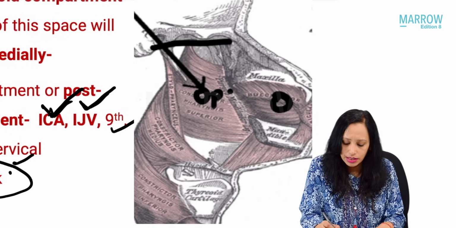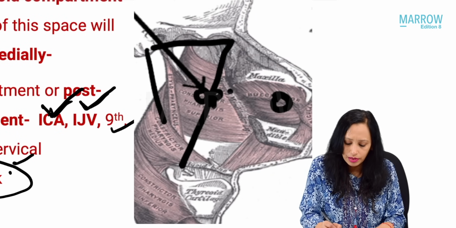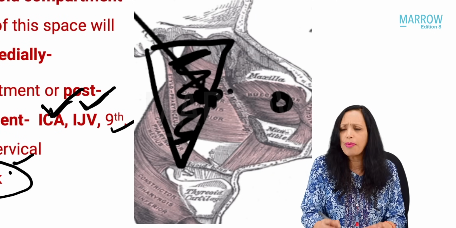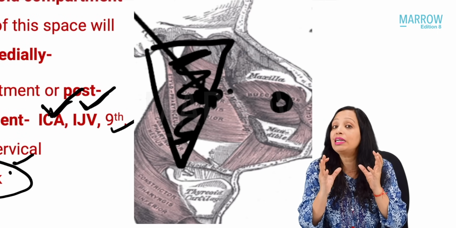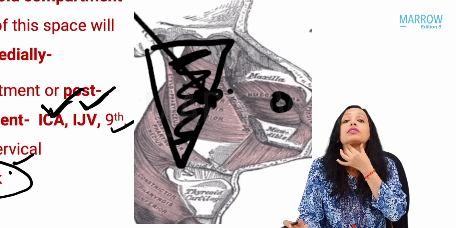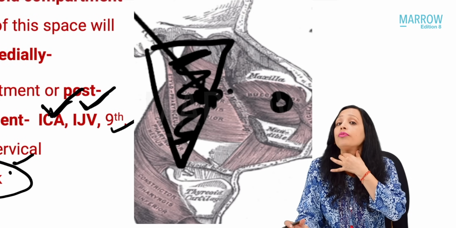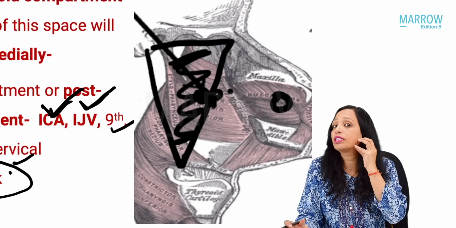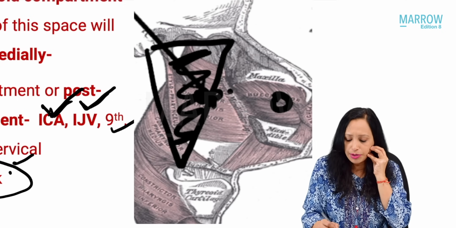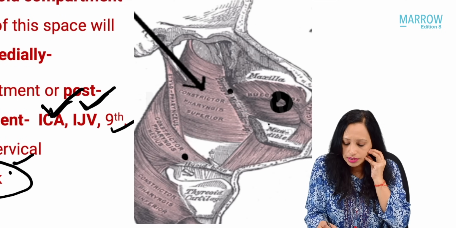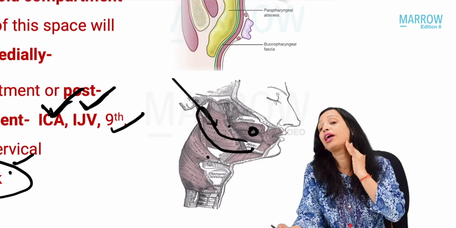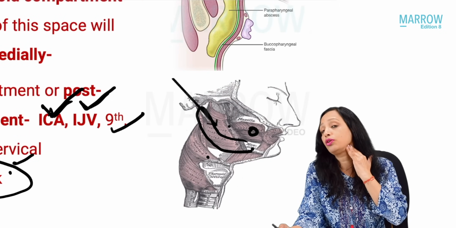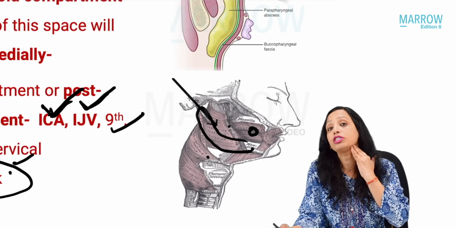So this here is the parapharyngeal space. It will first compactly fill the parapharyngeal space. Where is the parapharyngeal space? Here, this is my pharynx going down. This is my mandible. So in between the pharynx and the mandible, lateral to the lateral wall of the pharynx, here will be the parapharyngeal space.